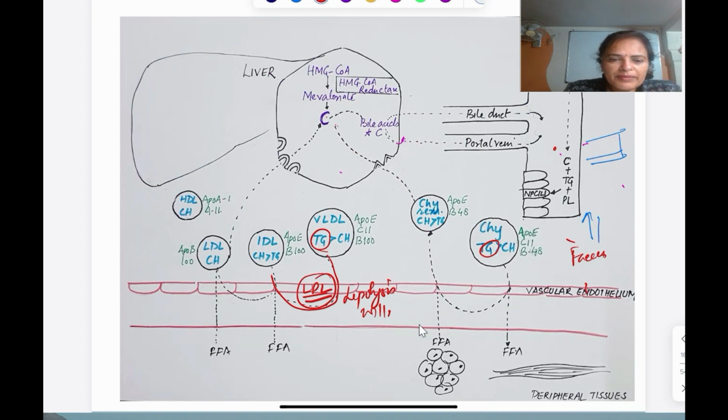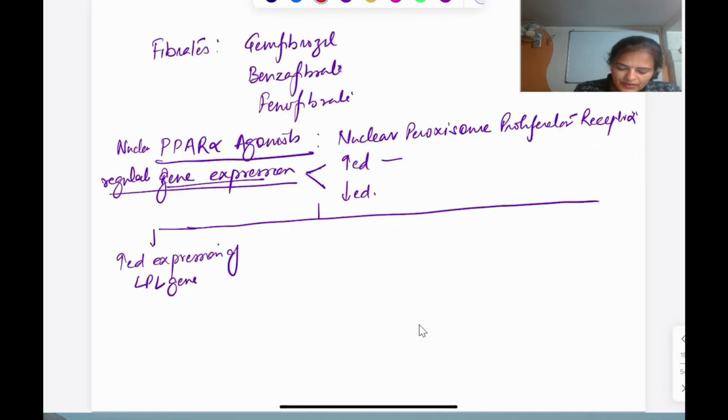So what do fibrates do? They are going to decrease the level of triglyceride. With increased triglyceride lipolysis, VLDL will be converted into IDL and LDL. So ultimately they decrease the level of triglyceride, but they can increase the level of LDL cholesterol.